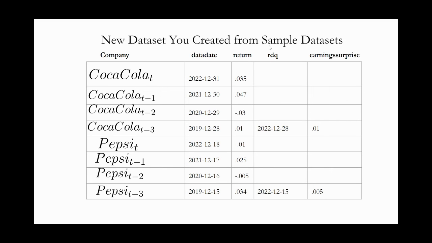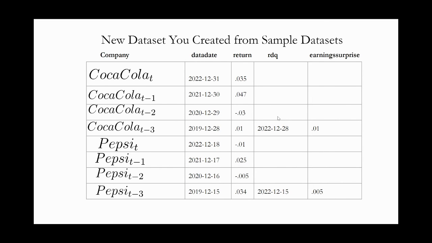This RDQ, which is the date of the earnings announcement, and the earnings surprise. But the values are only going to be filled in for 2 rows, and that's where this date equals this date, and the company name from CompuStat equals the company name from Crisp.